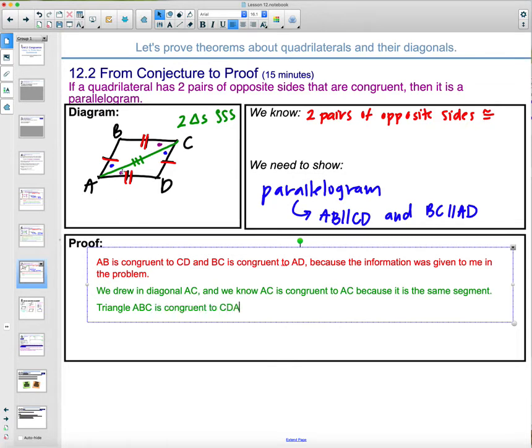So make sure you line up the correct angles. So ABC, that was the 1 tick mark to 2, so 1 tick mark to 2 is triangle CDA by side, side, side triangle congruence.